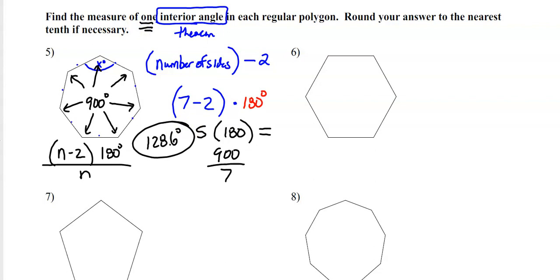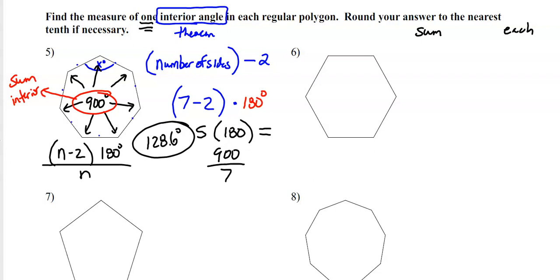If we wanted the sum, if we wanted the total, this would have been the sum of all of the inside angles. So there are 2 formulas there you want to keep straight. I'll do number 6 the same way. And then 7 and 8 I'll do a little bit different. So let's get the sum and let's get each one.